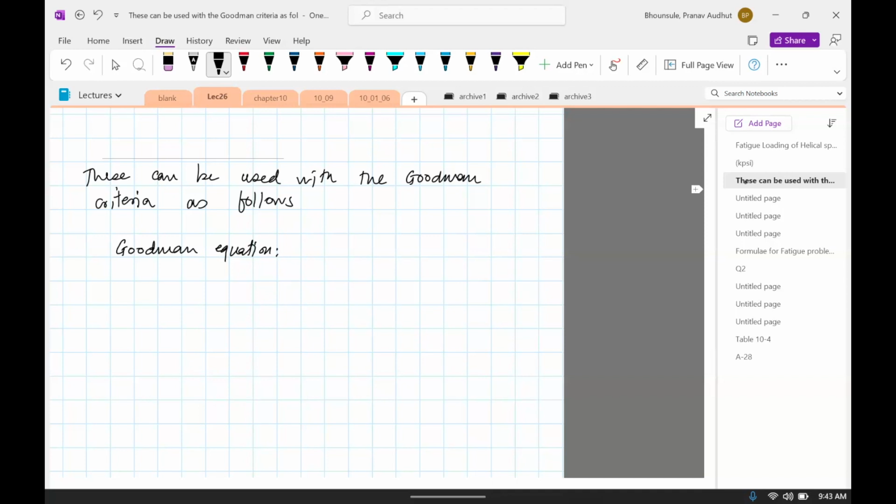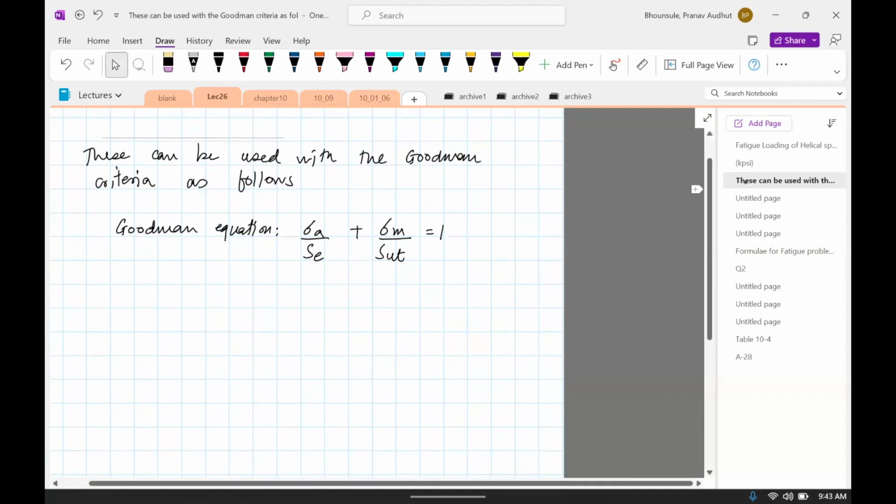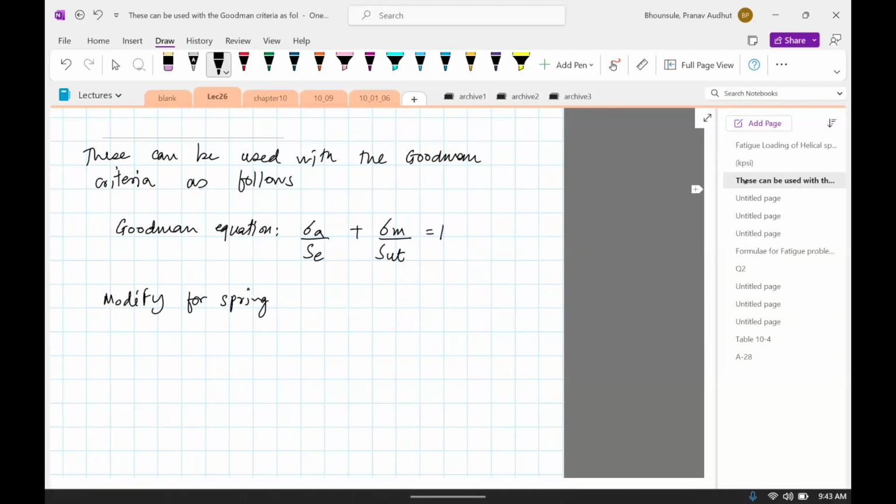So the Goodman equation, if you remember, was sigma A divided by SE, the endurance strength, plus sigma M, the mean stress, divided by ultimate strength equals 1. We can modify this for a spring. What we do here is replace sigma A with SSA, SE with SSE, sigma M with SSM, and SUT with SSU, equals 1.